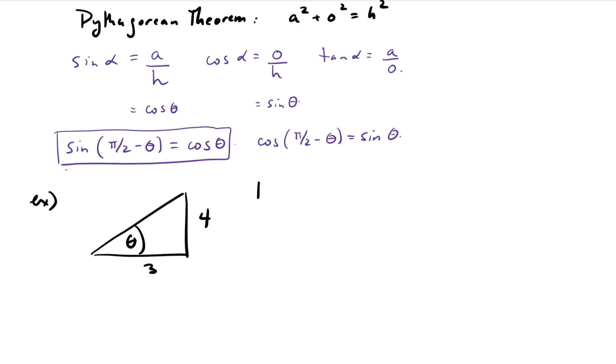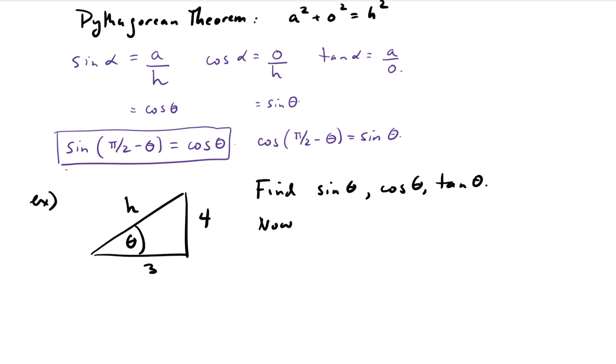So find sine of theta, cos of theta, and tangent of theta. How do we do this? Well, for this we need to know what all the sides are equal to, because all those expressions are ratios of the sides. We're missing a side, h here. So the first thing is to use the Pythagorean identity to find what h is.